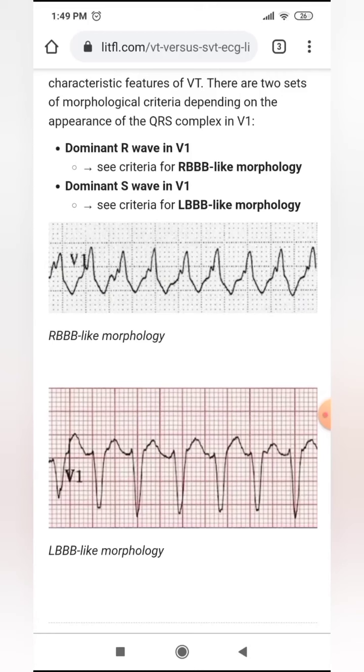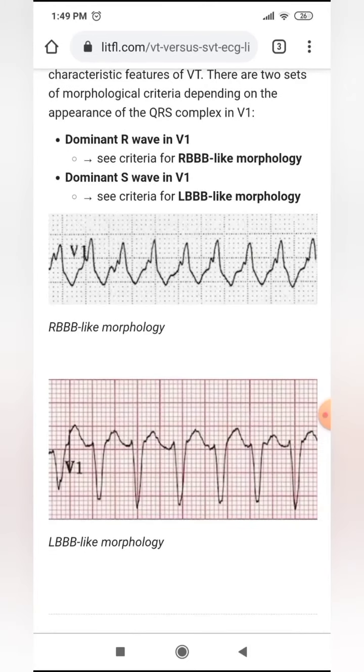These are the typical findings of an RBBB. And in the lower figure, again V1 is mentioned here, and just see that there is a deep S wave and a prominent T-wave after the QRS complex. So these are the typical features of RBBB and LBBB.